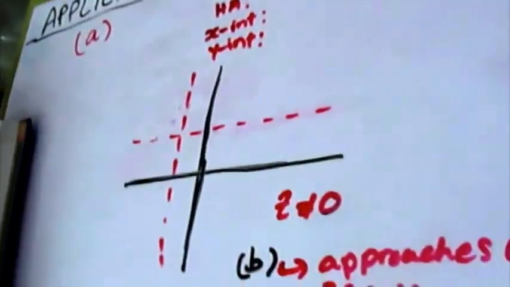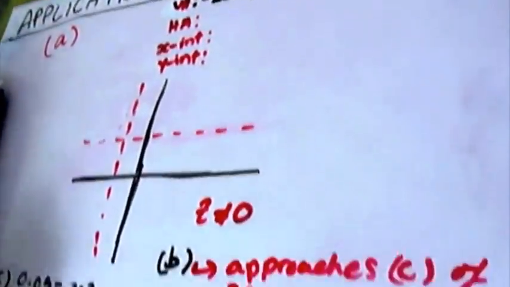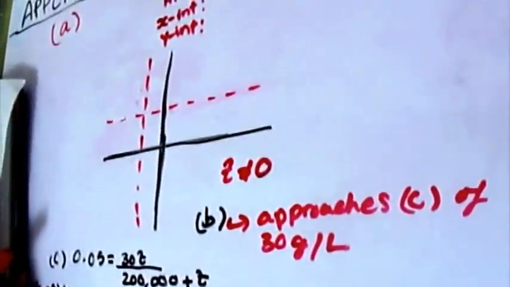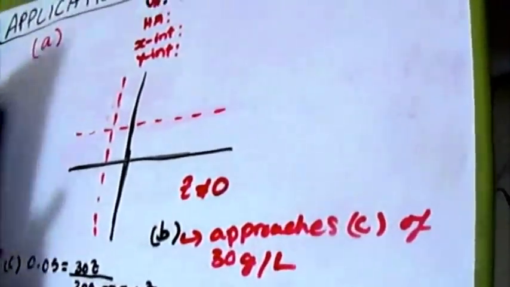Now for this, we're actually going to take the shortcut, and instead of making all the interval tables and things like that, we're going to use our knowledge of ratios.